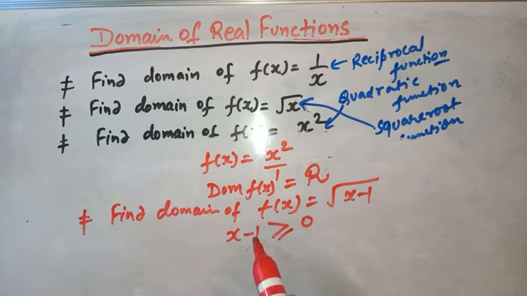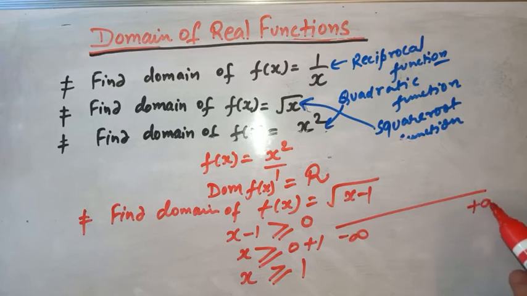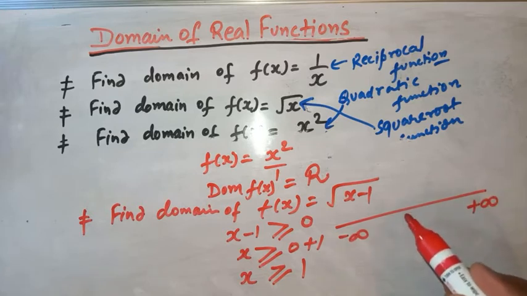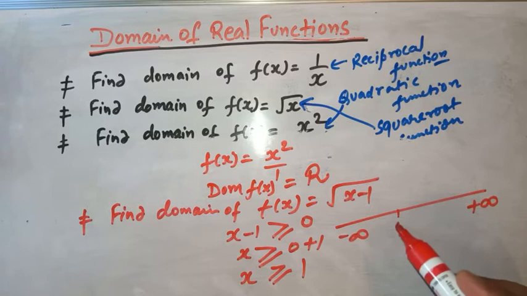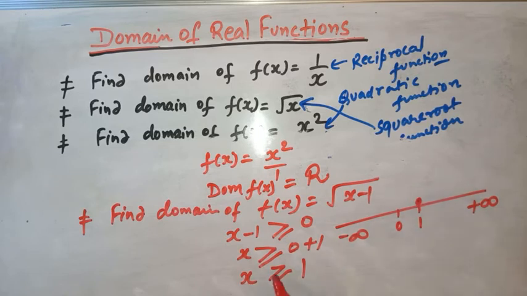So if we take this negative sign to this side, we get x greater than or equal to 0 plus 1. So x is greater than or equal to 1. So if I draw a number line here, this is minus infinity, this is plus infinity, and suppose here we have 0 and here we have 1. So the domain is x greater than or equal to 1. So this is the domain.